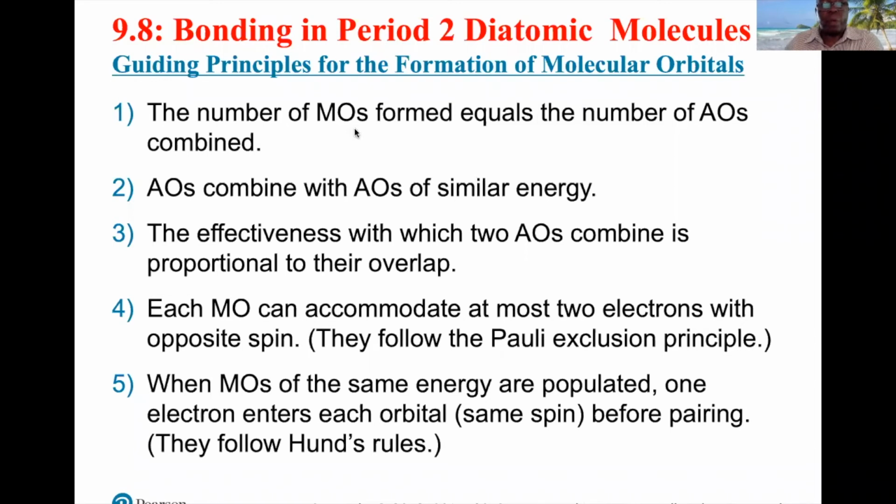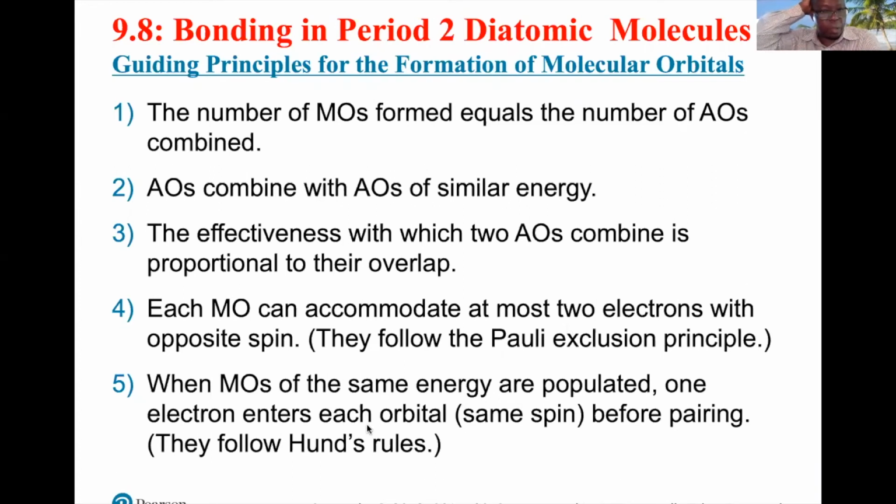The number of molecular orbitals formed equals the number of atomic orbitals. Each molecular orbital can accommodate at most 2 electrons. Yes, that's what we saw. That's why we have 2 electrons. When molecular orbitals have the same energy, they are populated with 1 electron in each orbital, with the same spin.